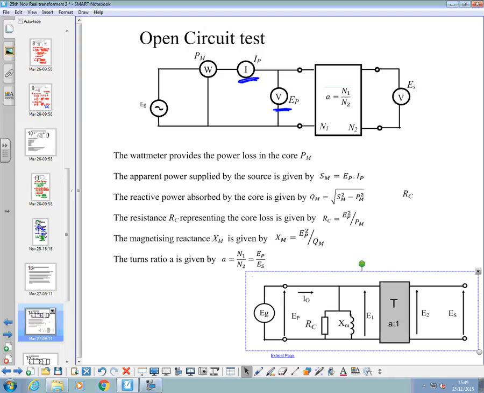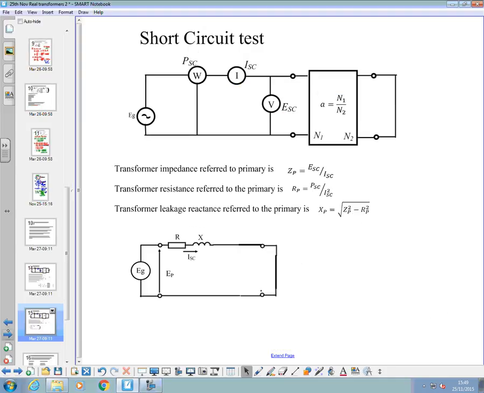Then when we do a short circuit test, we connect together the two terminals of the secondary so they're short circuited, and then we carefully increase the voltage, making sure that we don't exceed the VA of the transformer.